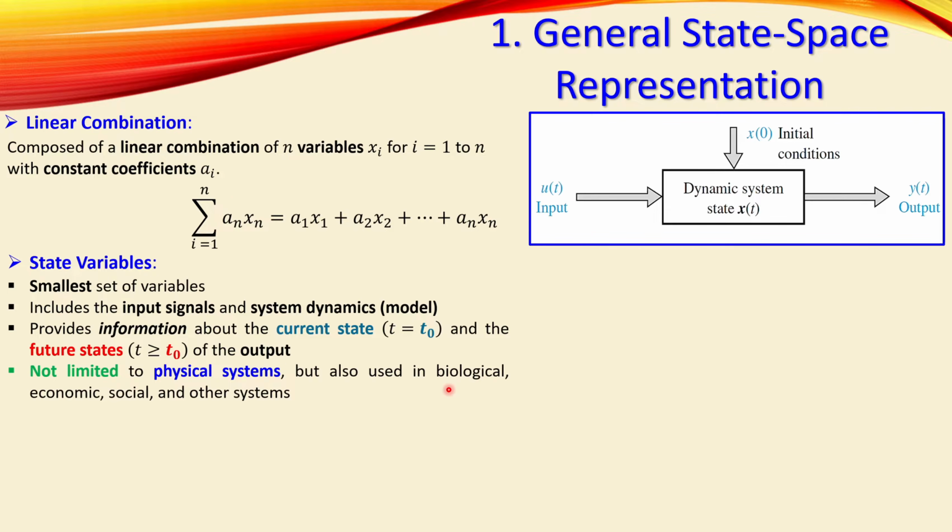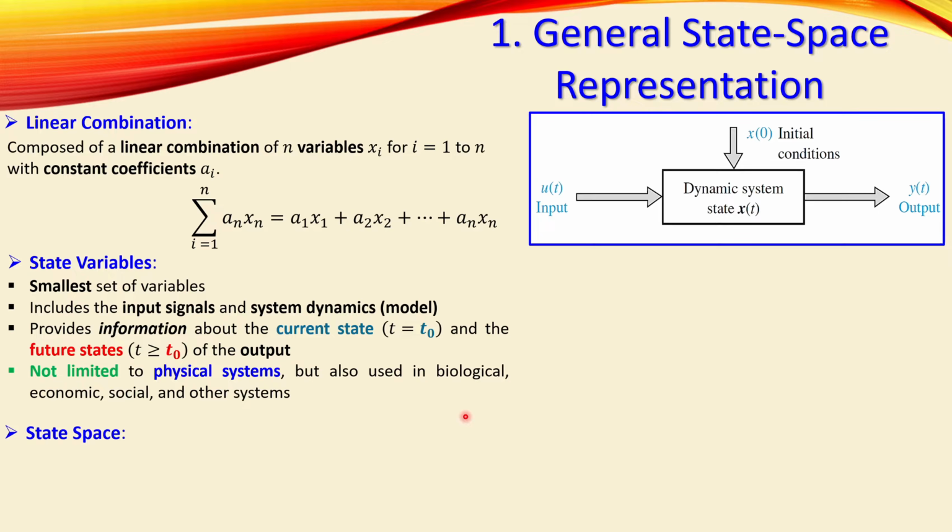It can also be a biological system or an economical problem or even social and any other systems you can imagine. Of course, we will mainly consider physical systems like the mass damper spring or RLC circuit, because we are most often interested in engineering systems, but this can be extended to many other systems.